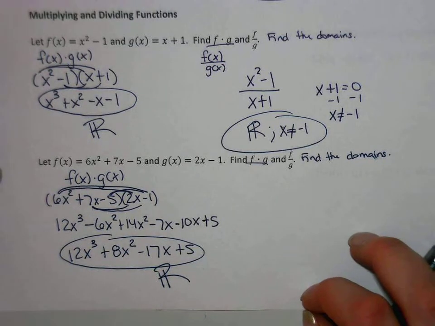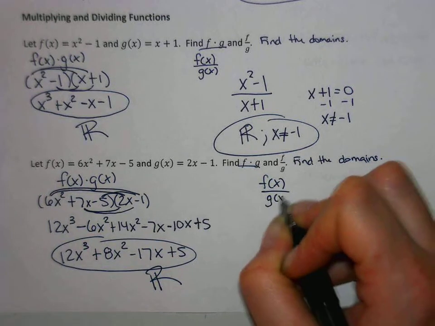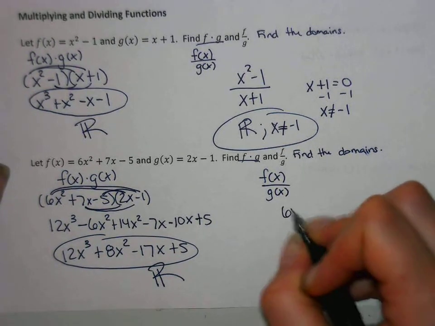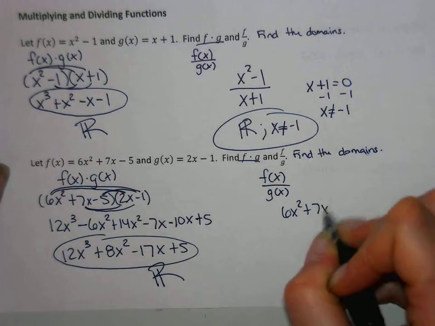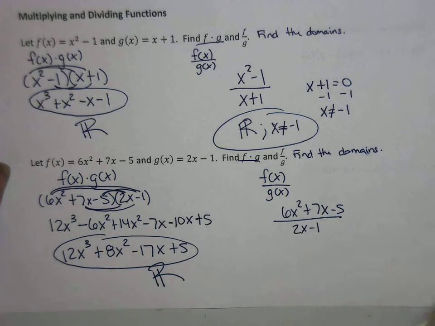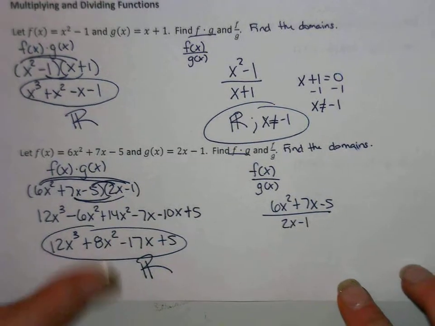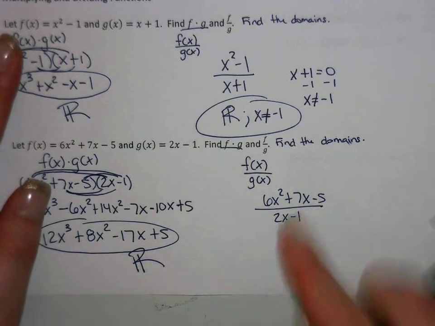So let's take a look at dividing. So we are taking f of x and dividing it by g of x. So f of x is 6x squared plus 7x minus 5 divided by 2x minus 1. So once again, we are not going to simplify any further yet. We're just going to look at this as a whole.